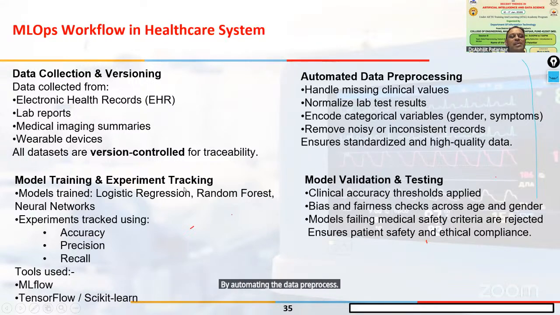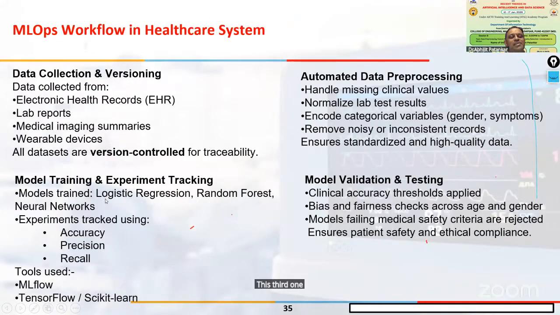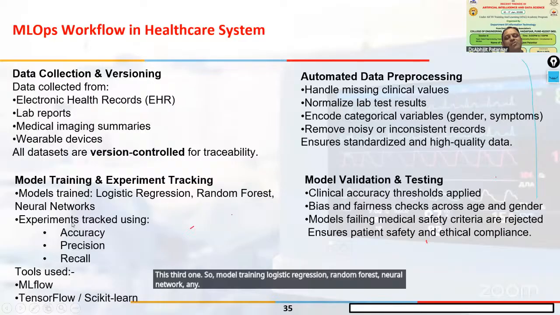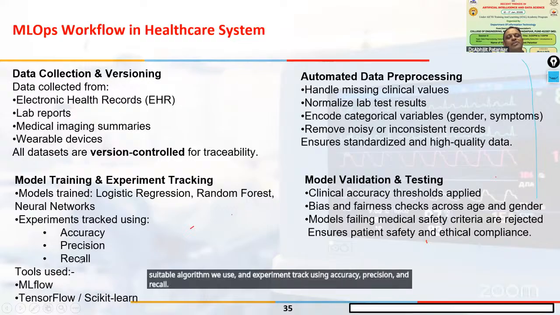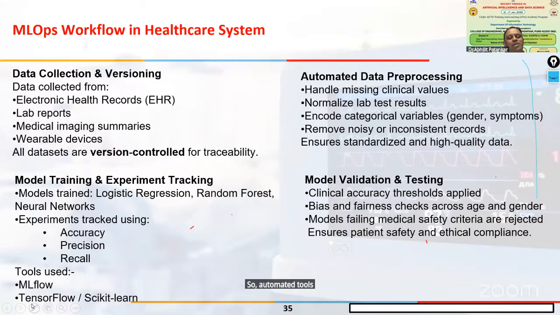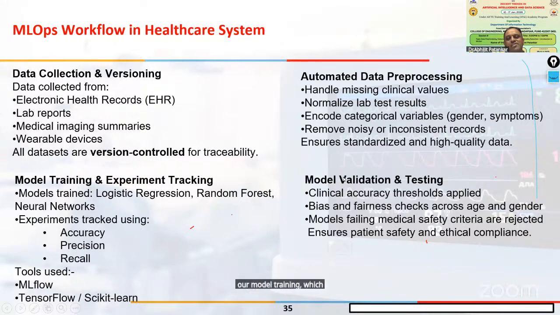Then model training and experiment tracking, this is the third one. For model training we use logistic regression, random forest, neural network, any suitable algorithm, and track experiments using accuracy, precision, and recall. Automated tools like MLflow and TensorFlow, which are advanced tools, can be used for model training. Then next is model validation and testing.